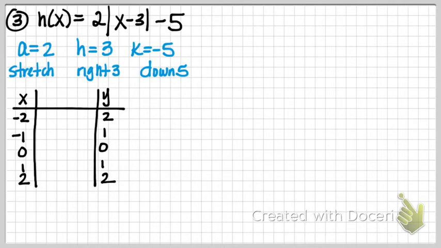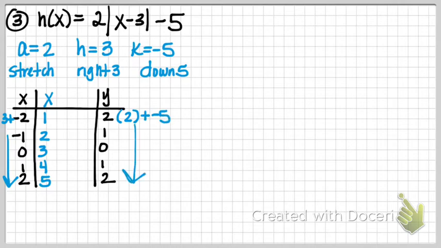Okay, so this is my transformations. Now I'm going to add the 3. Go ahead and add 3 all the way down. So when I add 3, you should have 1, 2, 3, 4, 5. That's always easy to do. And then your y values, you're multiplying them by 2 and then adding a -5.